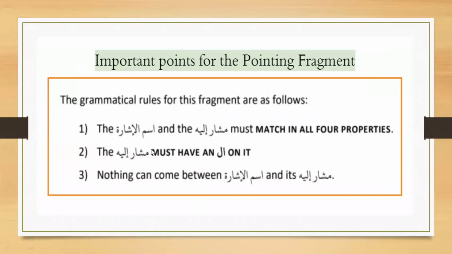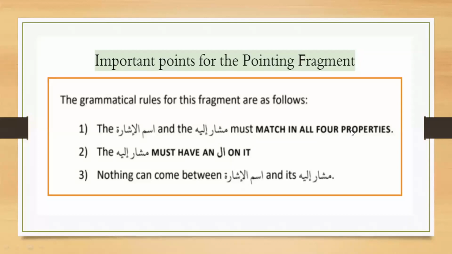Now, important points or the rules for the pointing fragment. The grammatical rules for this fragment are as follows. Number 1, ism ishara and the mushar ilay must match in all four properties. Do you remember any other fragment that matches in all four properties?